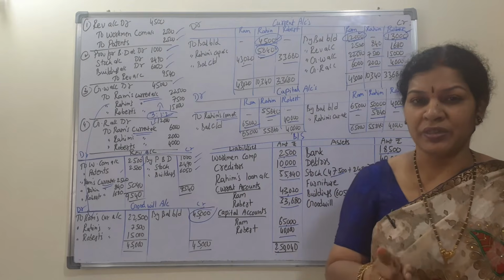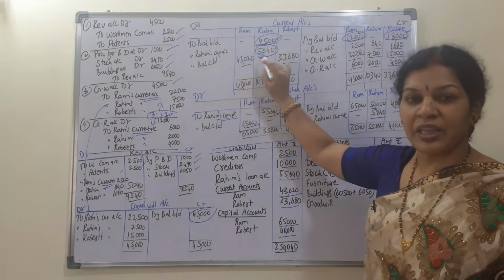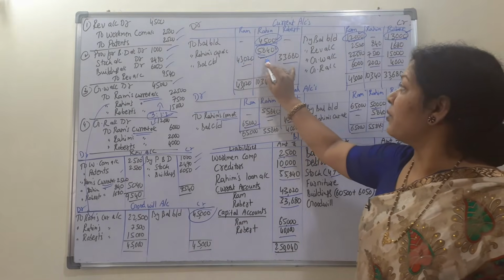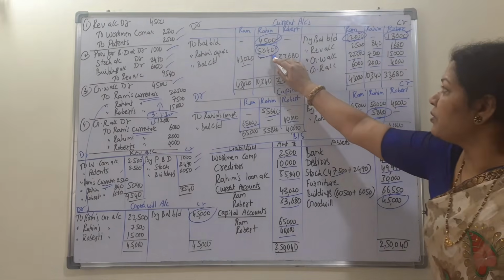For the retiring partner, this amount we transfer to the capital account. 5,842 here we have transferred.